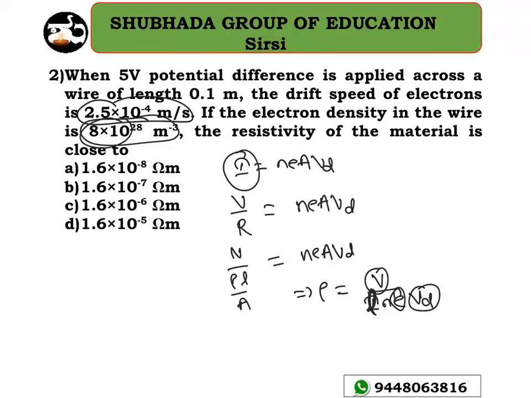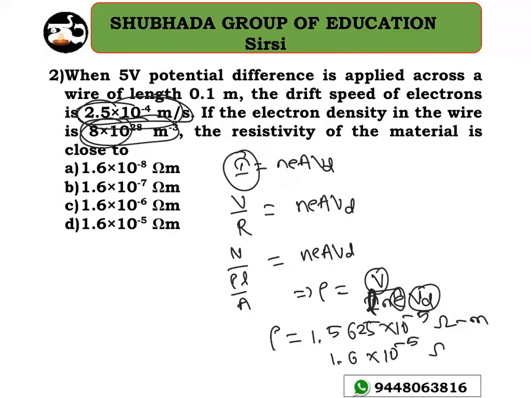They are moving at the speed of 2.5 into 10 to the power of minus 4 meter per second. Substitute the appropriate values. You will get rho as nearly equal to 1.5625 into 10 to the power of minus 5 ohm meter. So this is nearly equal to 1.6 into 10 to the power of minus 5 ohm meter. So that's the reason why option D is the right answer for this question.